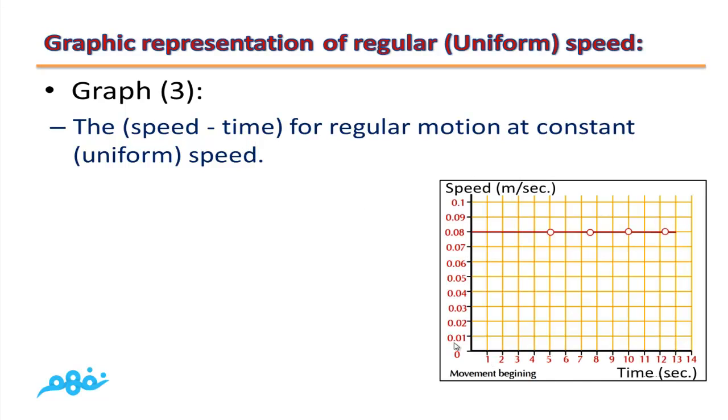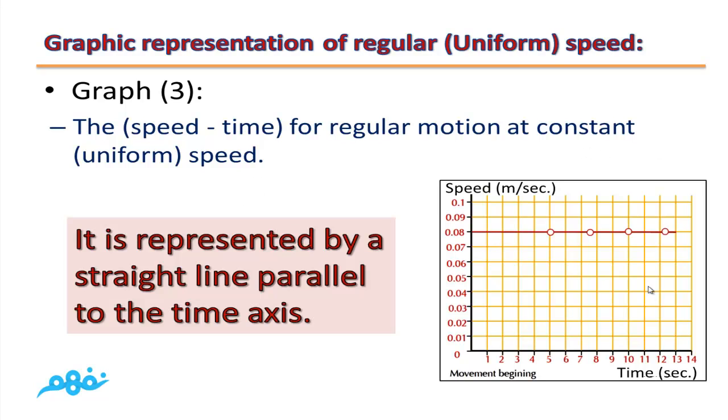So over the y-axis we will write speed in meter per second, and as usual over x-axis we will write down time in seconds. As we can see, by increasing the time, the speed remains constant. This is because this object is moving with constant speed. And to describe this graph, we can say it is represented by a straight line parallel to the time axis.